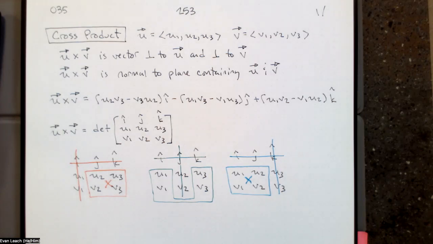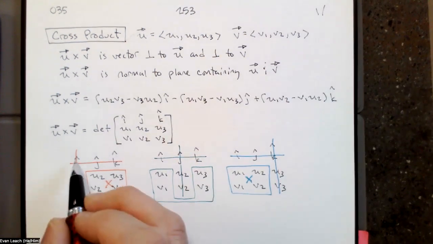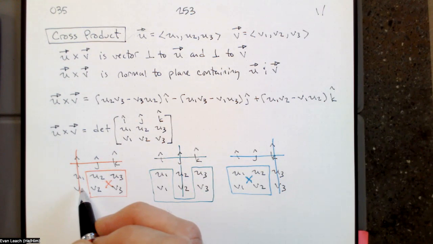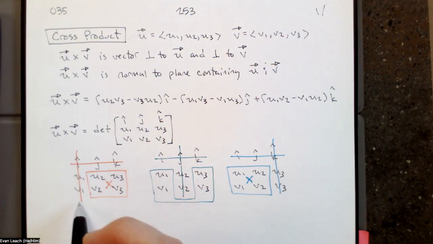How we calculate the determinant with cofactor expansion is that the first term in our cofactor expansion, you take out the first row and the first column, and these four entries are left over.